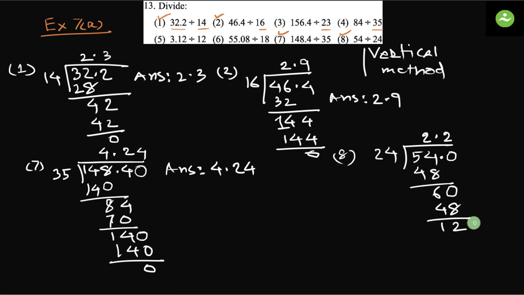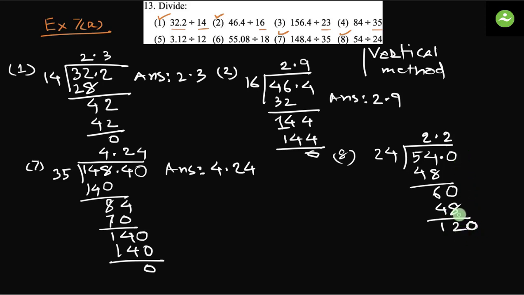Bring down another 0. As I said before, if there is a remainder when you divide a decimal fraction, you can always bring down a 0, and you can imagine that many zeros are there. As many times as you need, you can bring down a 0.